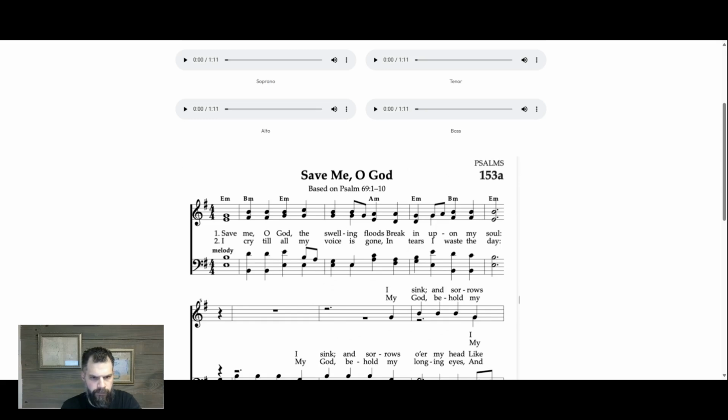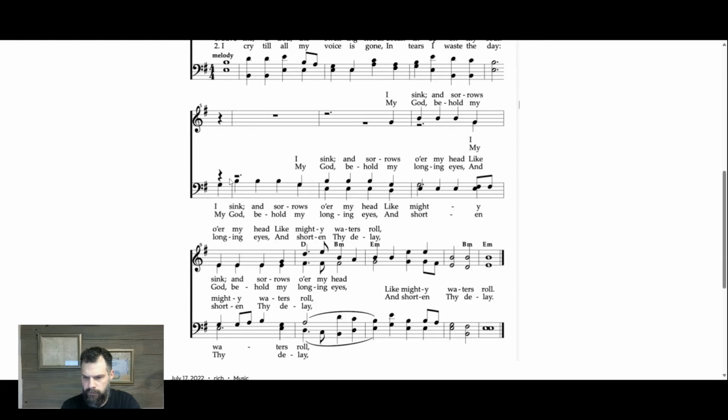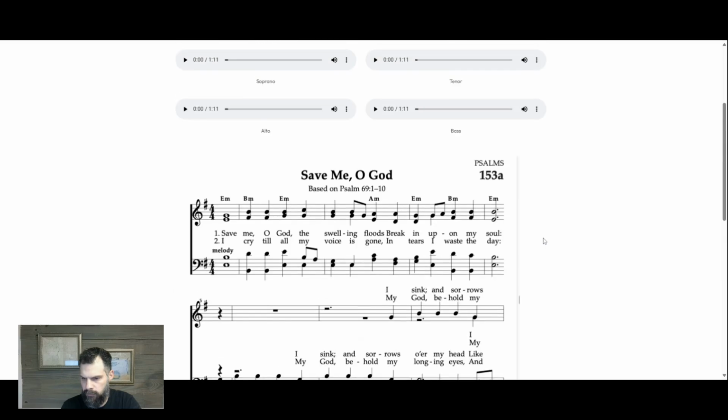Save me, O God, the swelling floods break in upon my soul. I sink and sorrows in my head. I see these waters roll, like mighty waters roll. I cry till all my voice is gone, in tears I waste the day.